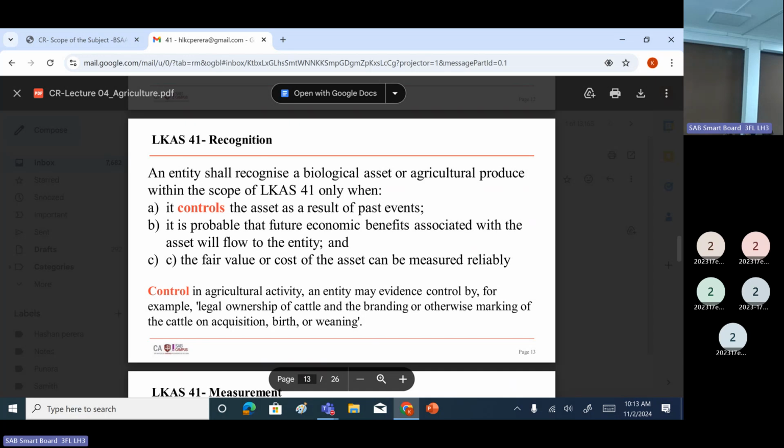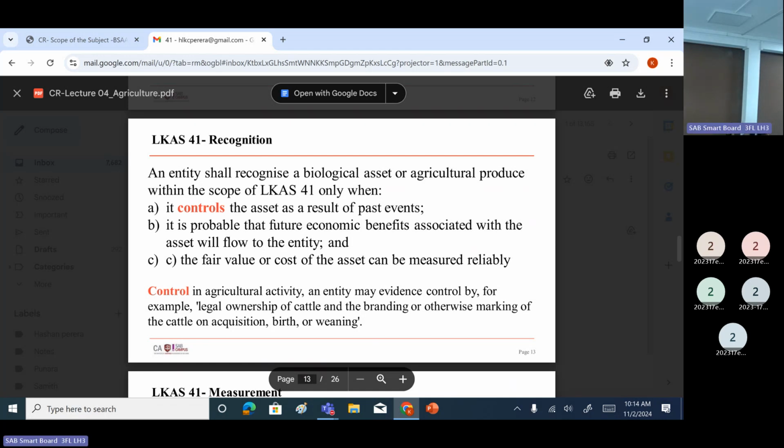Which type of control do you need to have? That's control over biological transformation through agricultural activity. You need to control the biological transformation, and that control should be there to identify a biological asset. Any doubts on this?